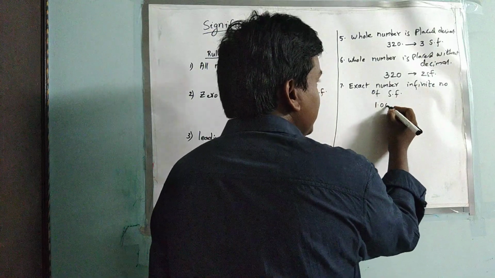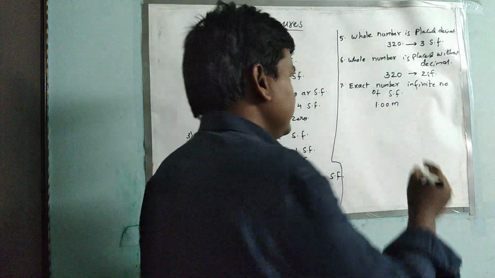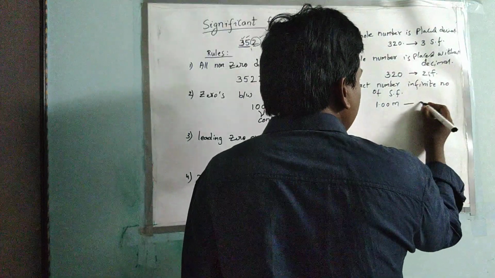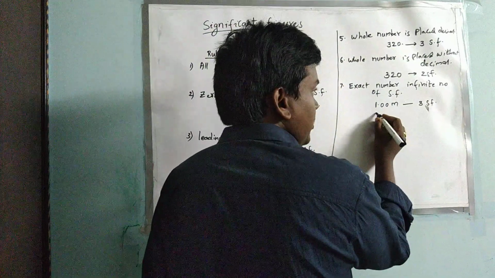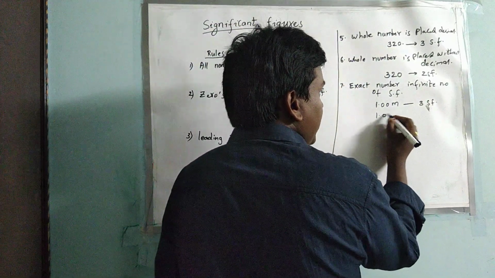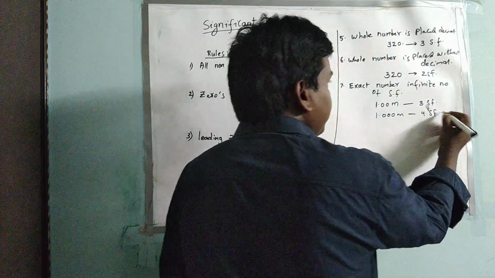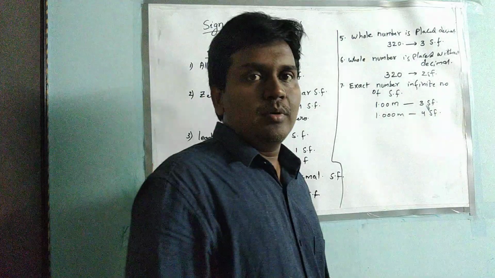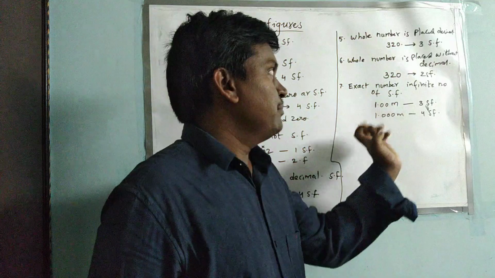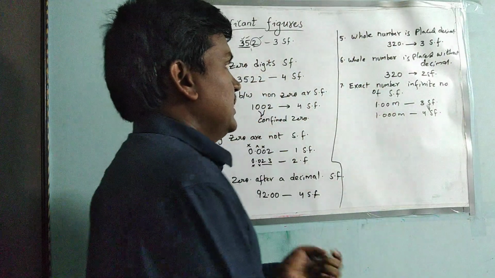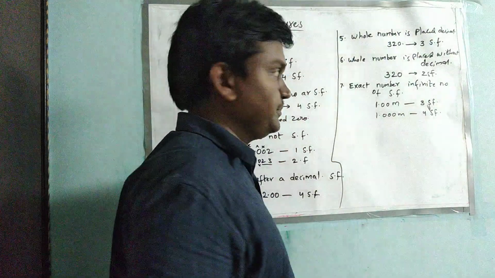So 1.00 I wrote here, meter, and the significant figures are 3. If I write the same number as 1.000 meter, the significant figures are 4. So we can put as many zeros as possible to make that number accurate. So an exact number will have an infinite number of significant figures.